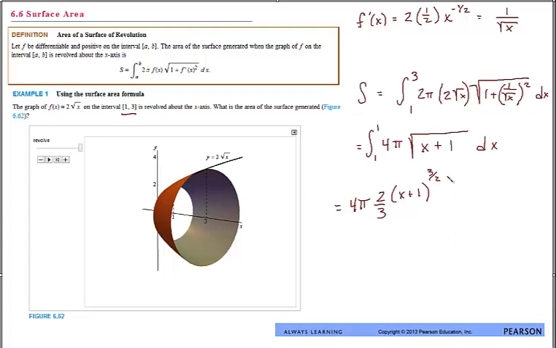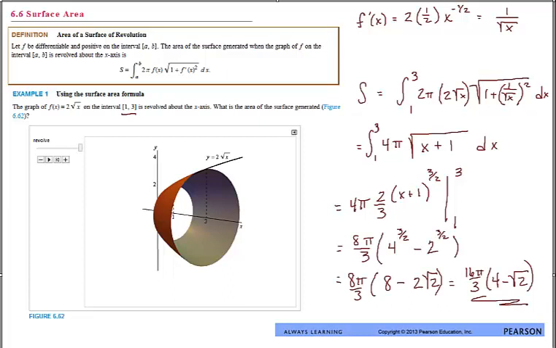I'm going to integrate this with my limits of integration, 1 to 3, and then just do my number crunching. After plugging in my numbers, I end up with this exact value of 16 pi over 3 times 4 minus the square root of 2. You could come up with a numerical approximation if that was asked for.